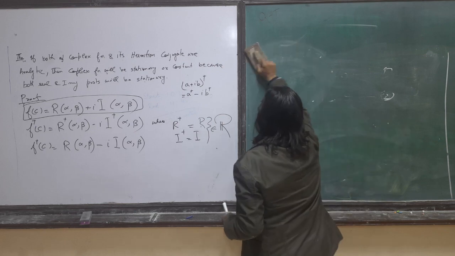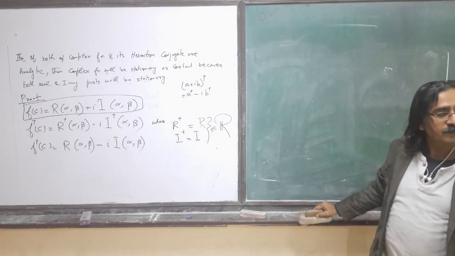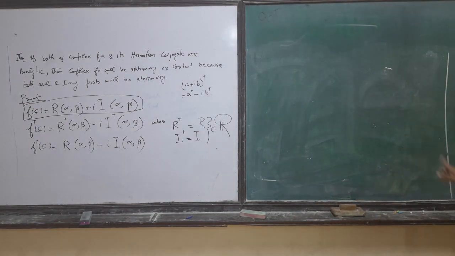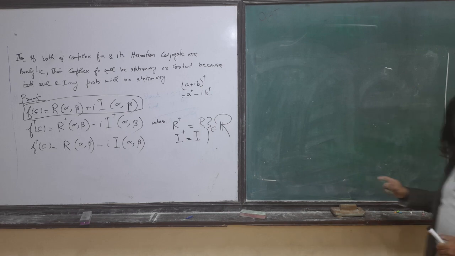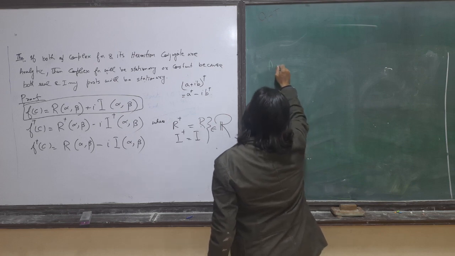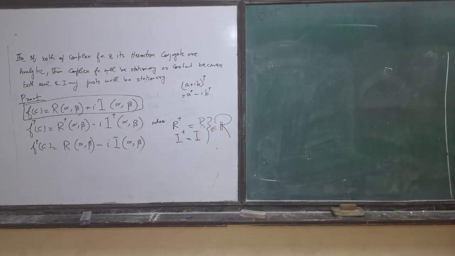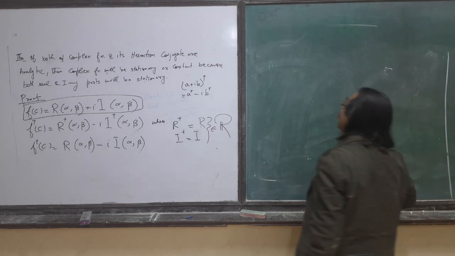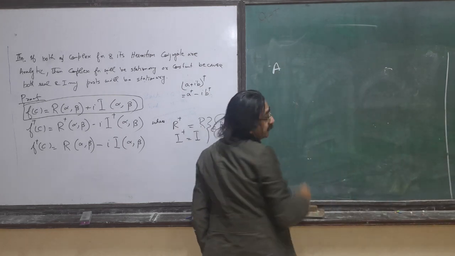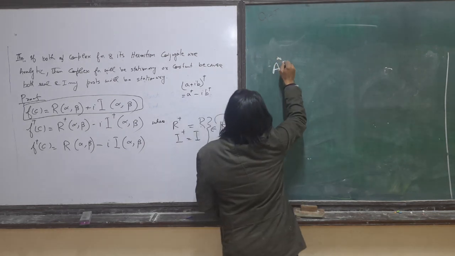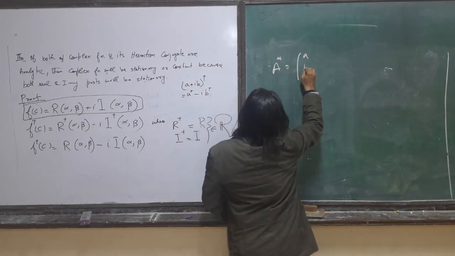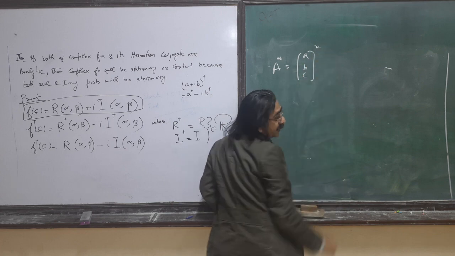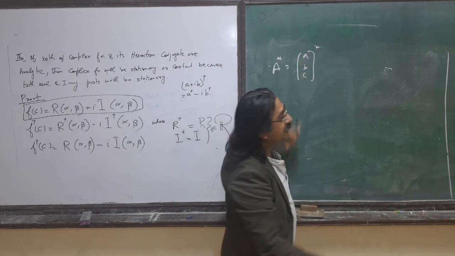That does not matter, so transpose will not affect it. No, you are wrong. One minute, please. If you have a matrix and you take a complex conjugate, A, B, and C, it will apply on a matrix.